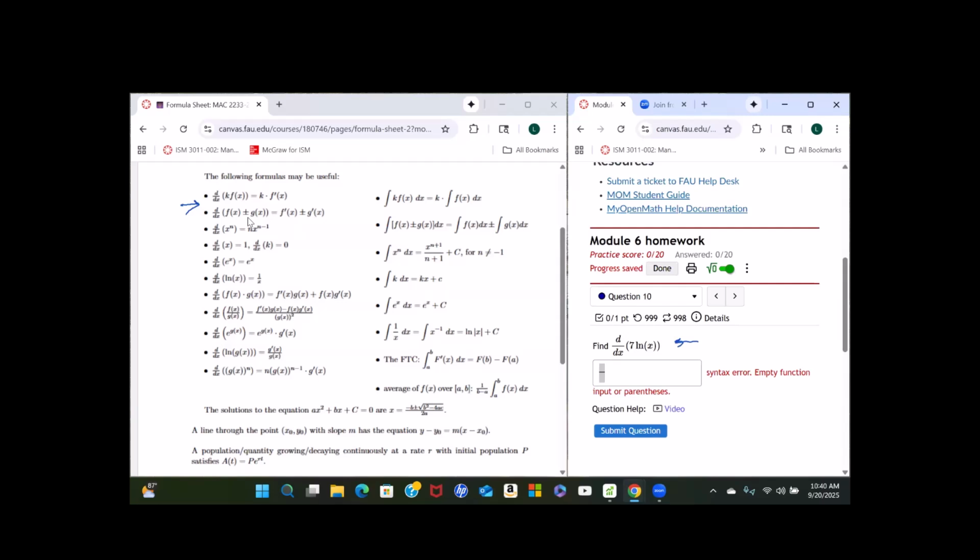Do you see here, we're basically taking the derivative of this. Everywhere there's a formula here with a K in it, it's a constant. That means that here, this is the same as K f of x, where K equals 7 and f of x equals ln of x. Does that make sense? Since I want to take the derivative of that, it's the same as taking the 7 out of the derivative.